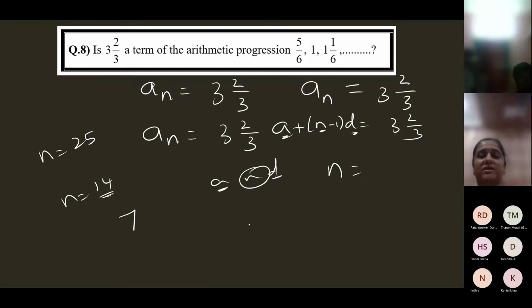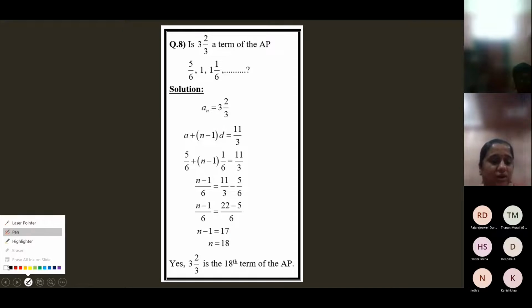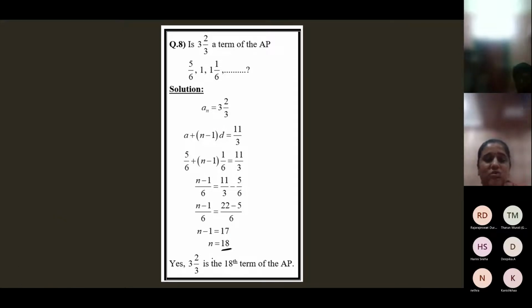So what are the admissible values for n? n can be any natural number. It can be 1, 2, 3, 4, 5, anything like this. It cannot be negative. It cannot be a fraction. So you work and see here, you get n is equal to 18. So yes, 3 2/3 is the 18th term of the AP.